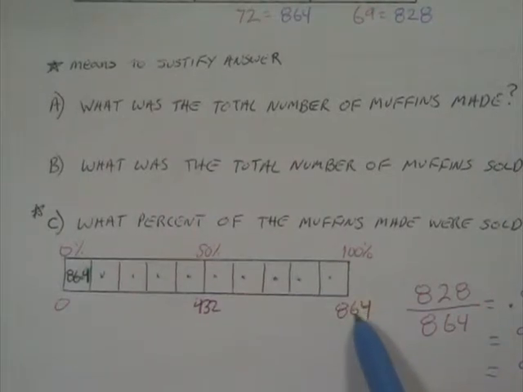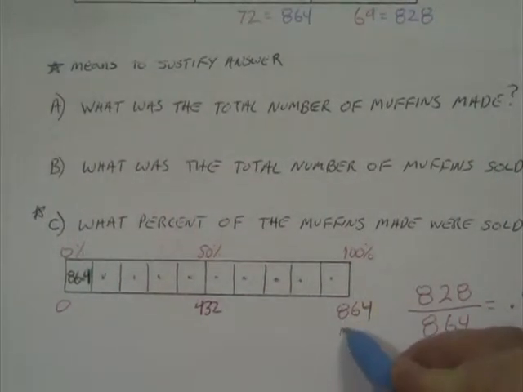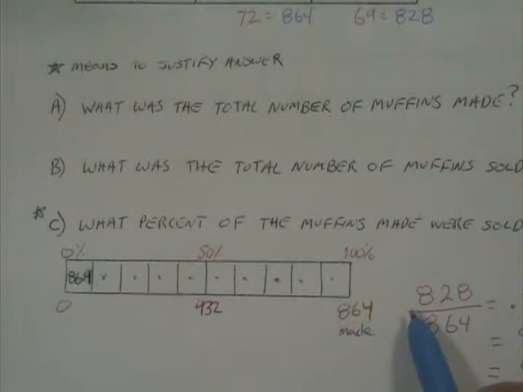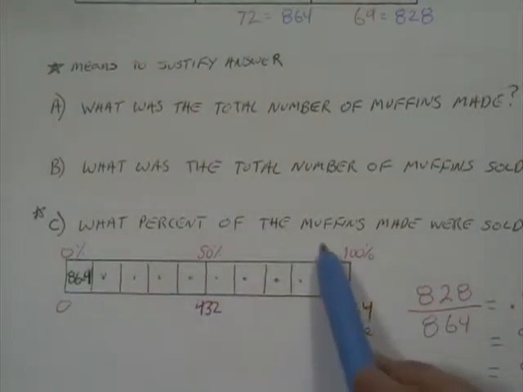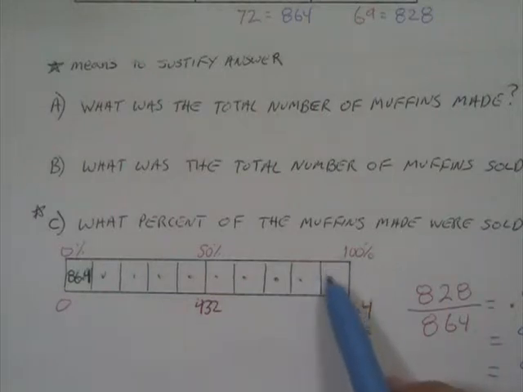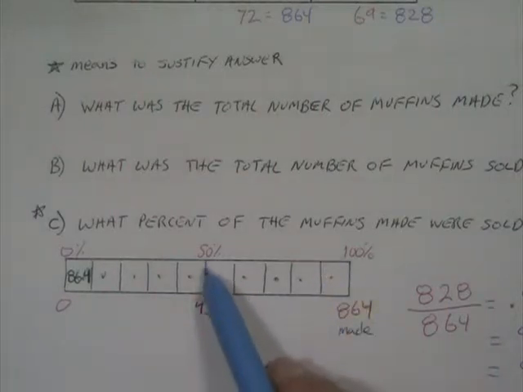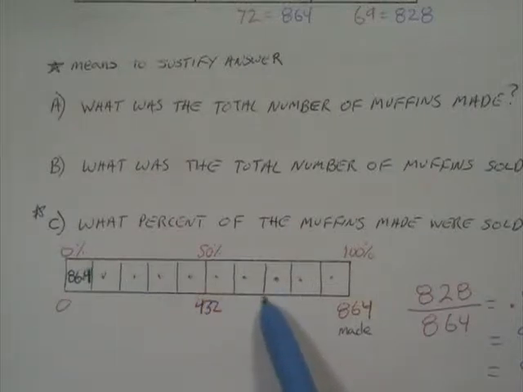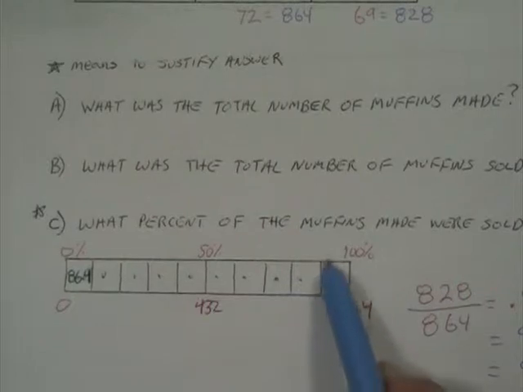So this is how many were made. We want to figure out for 828, where is that on here and what percent is it? We know it's more than halfway. 432 is halfway. This would probably be about 600 and something, 700. So it's going to be up here.